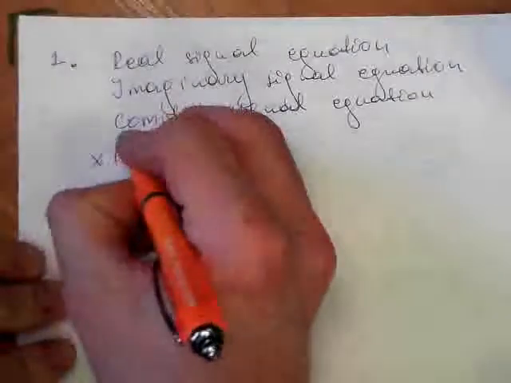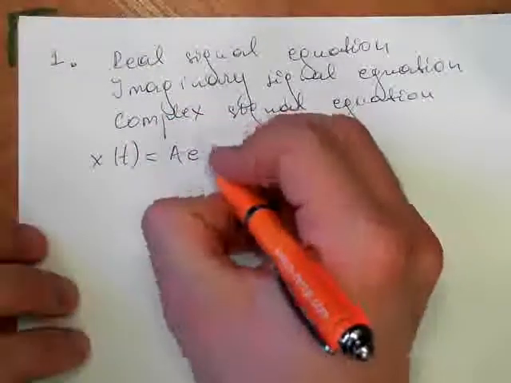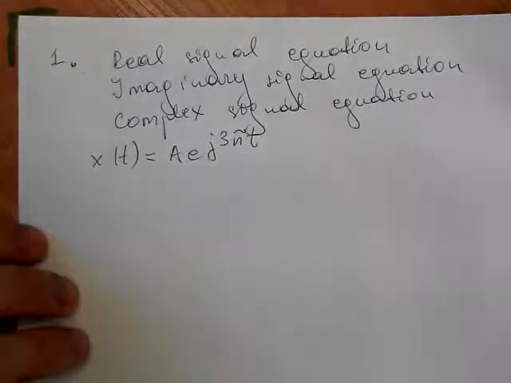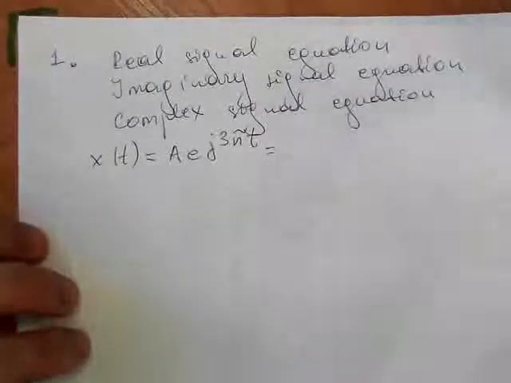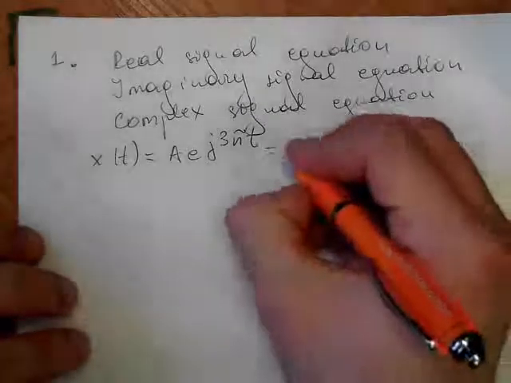So if we have a signal x(t) that is A e^(j3πt), it is the complex signal, so it can be transformed using Euler's equation to real signal and imaginary signal.